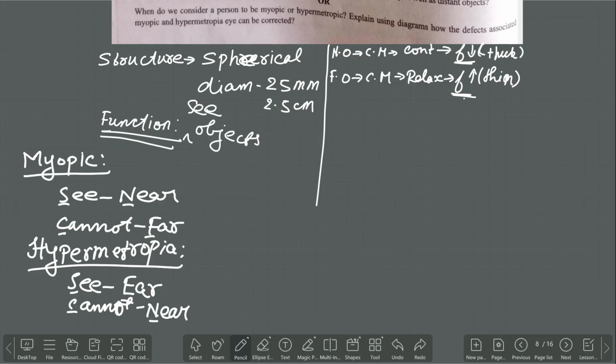Next, explain using a ray diagram how the defect associated with myopia and hypermetropia can be corrected. That means the corrective diagram you need to draw over here. In order to correct myopia, what type of lens are we going to use? Concave or convex? Concave. First draw the diagram like this.